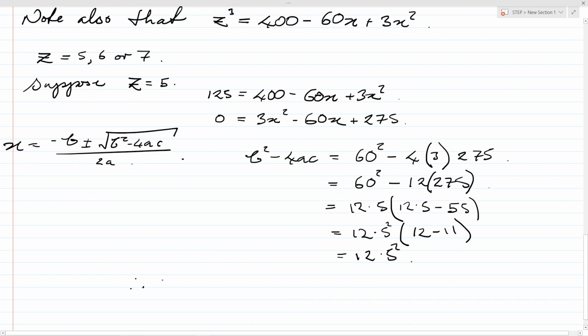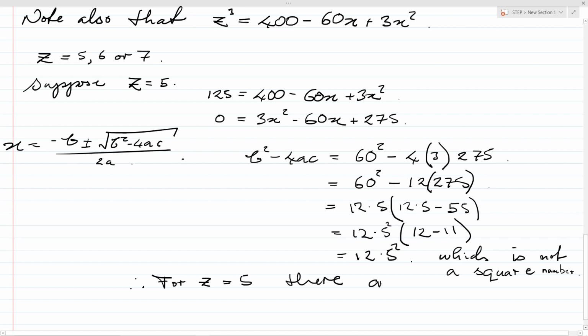Therefore, for z which is not a square number, we should write here maybe, for z equal to 5, there are no solutions. And this is because this is not even rational. Take the square root of this, and it will be irrational.